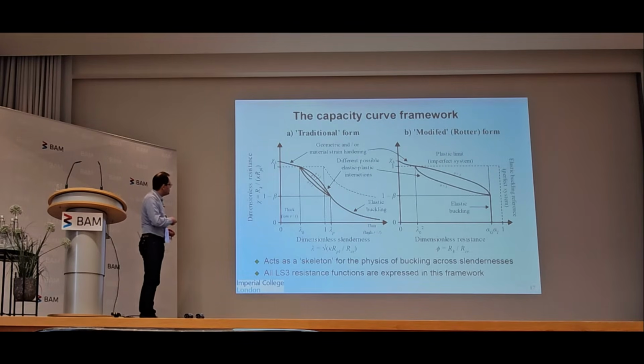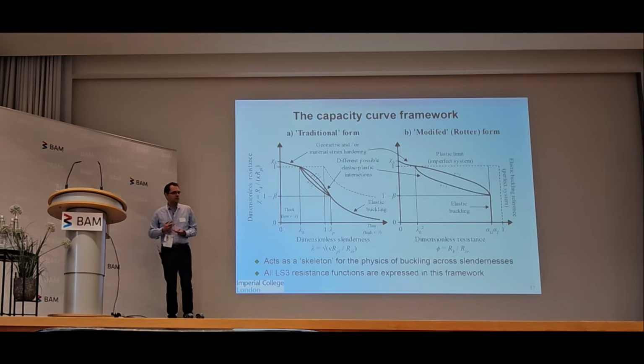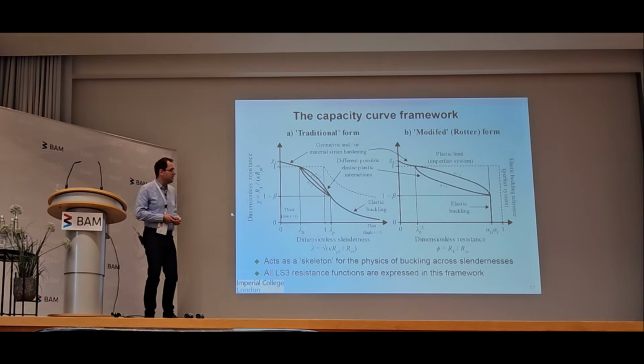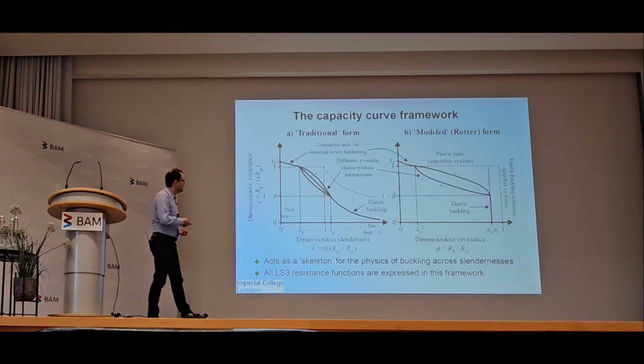So it is a relationship between a dimensionless resistance, which is expressed here as a knockdown relative to the full reference plastic condition, loosely speaking the MNA result, and the dimensionless slenderness, which is defined much as it is in EN 3.1 as the square root of the full plastic resistance relative to the elastic critical buckling resistance.